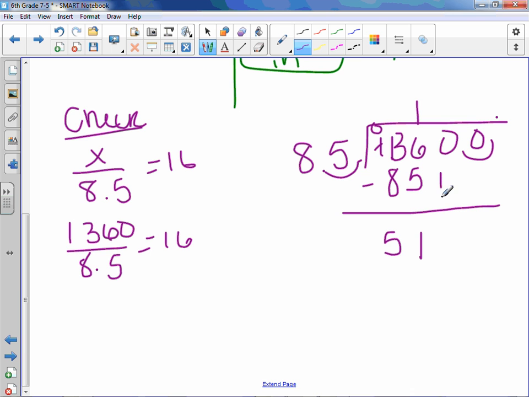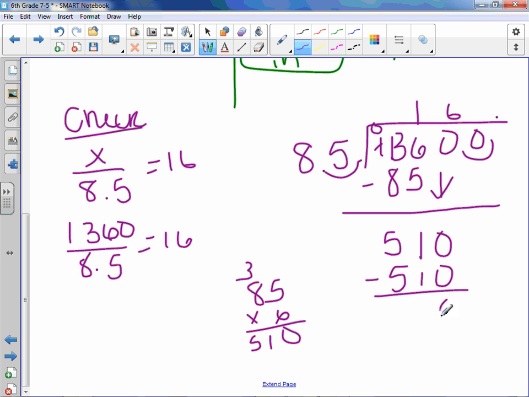Subtracting, 51. Bring down the 0. 85 into 510. Let's try 6 times, see where that brings us. Exactly 6 times. Bring down the 0. Goes in 0 times.